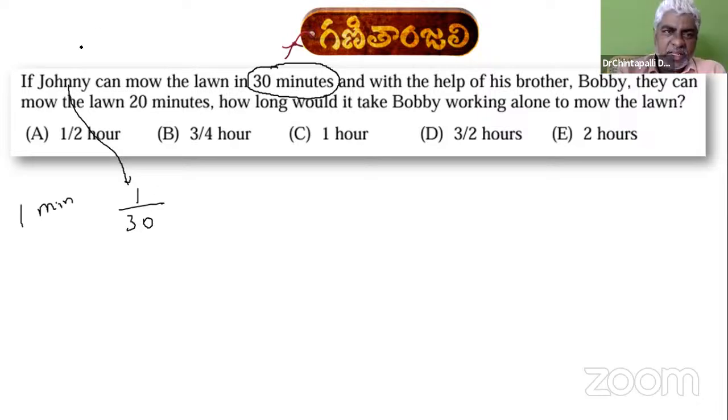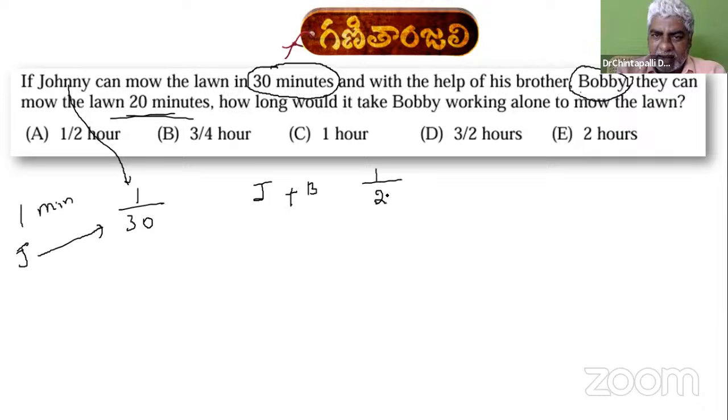Let Johnny be J. Work of J in 1 minute is 1/30, and that of Bobby we don't know. But both of them complete it in 20 minutes. So Johnny plus Bobby can complete 1/20th work in 1 minute.